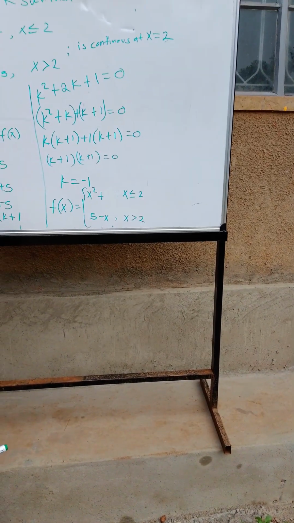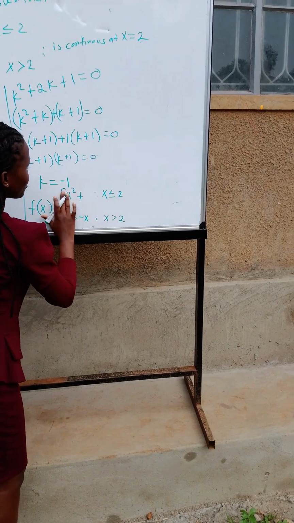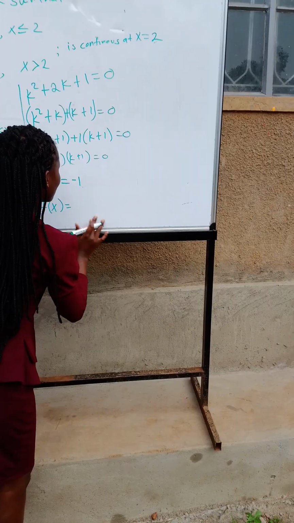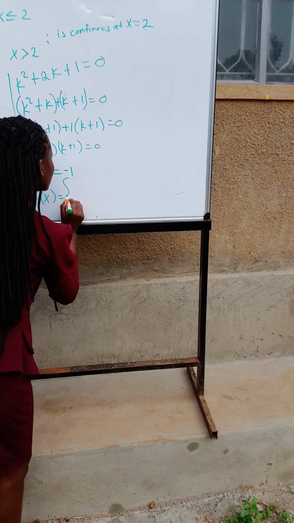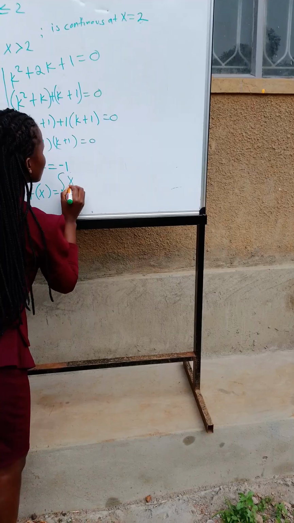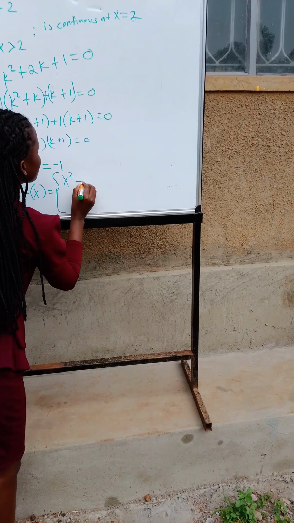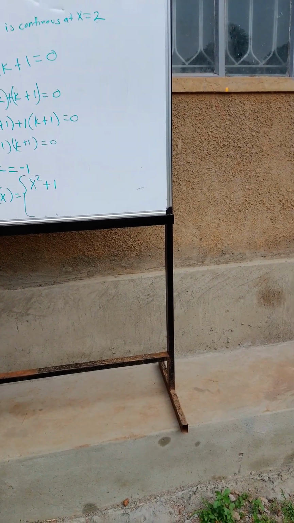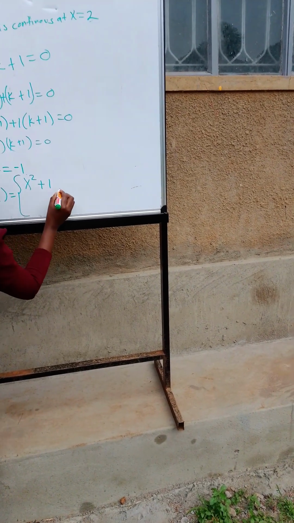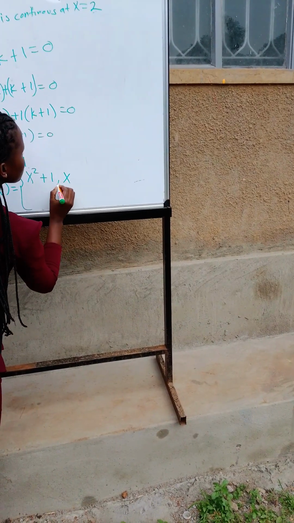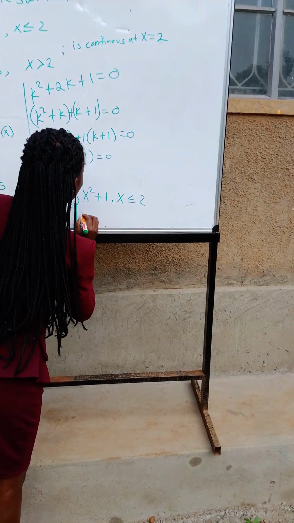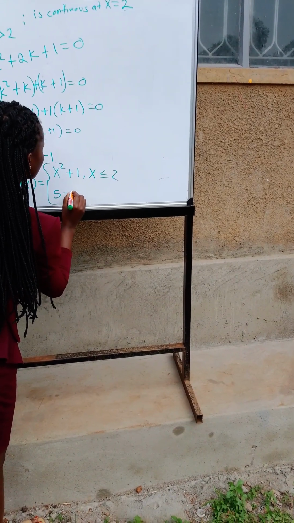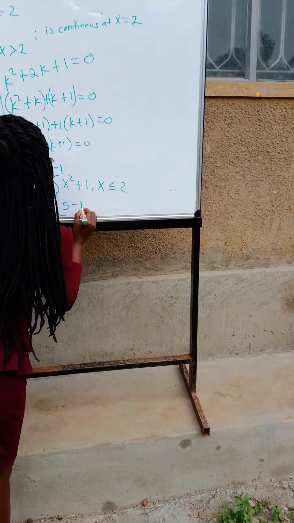I'm so sorry. We are going to conclude our equation as x squared plus 1, because 1 squared remains a 1, for x less than or equal to 2, and 5 minus x.